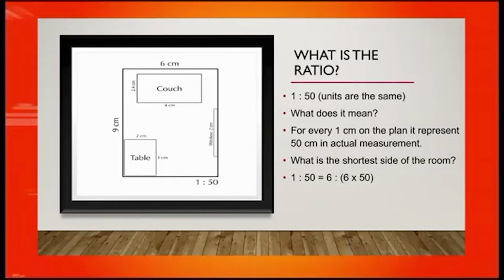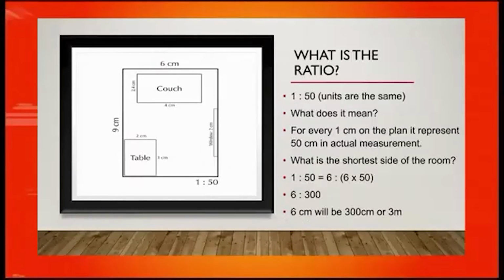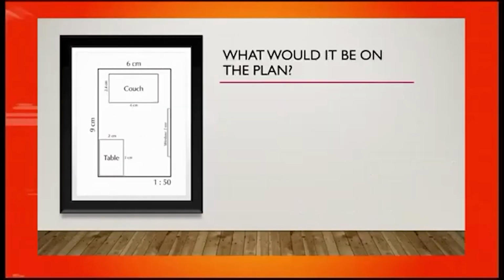Now for every 1, you multiply it by 50, so you have 6 multiplied by 50 gives us 6 to 300. So on the diagram, you have 6 centimeters. In actual measurement, it would be 300 centimeter, which is the same as 3 meters. So the shorter side of the room is 3 meters.